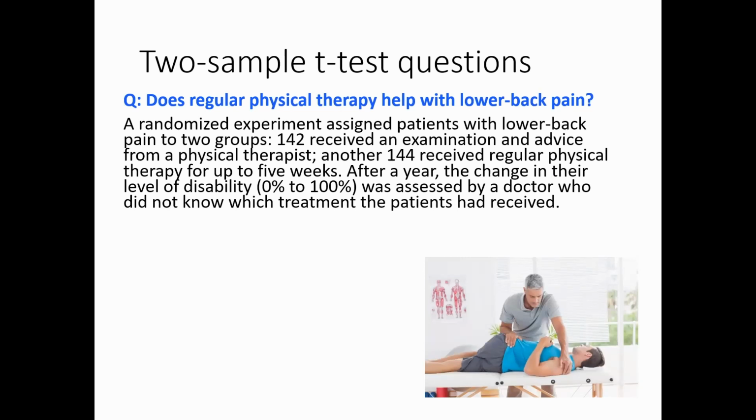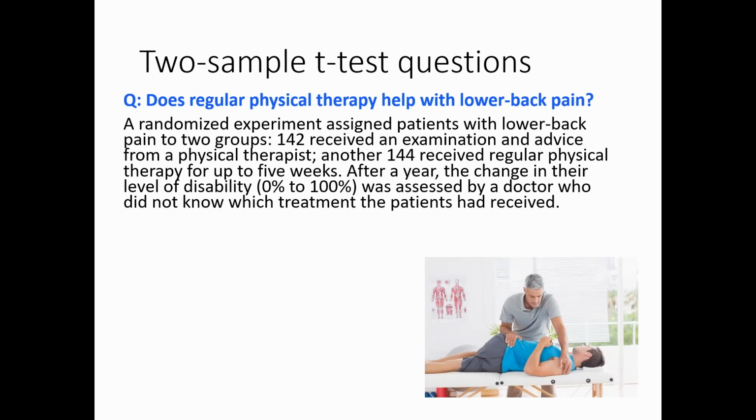Another 144 receive regular physical therapy for up to 5 weeks. After a year, the change in their level of disability from 0% to 100% is assessed by a doctor who doesn't know which treatment the patients had received.